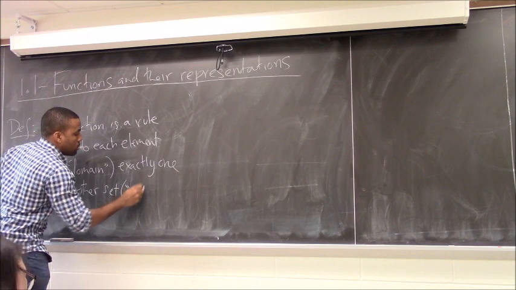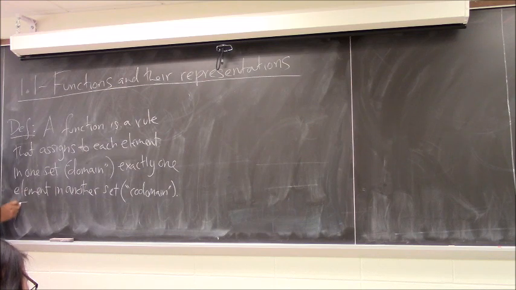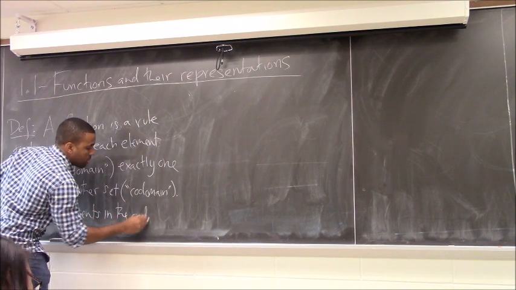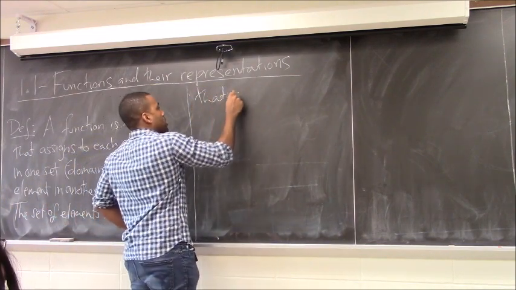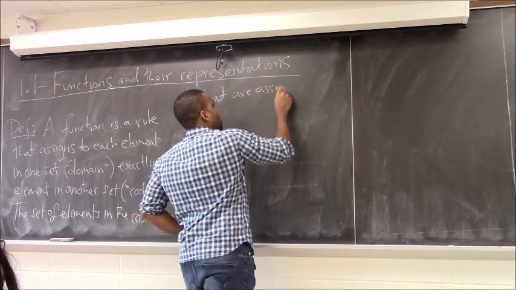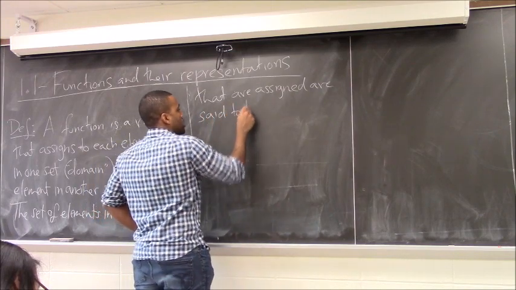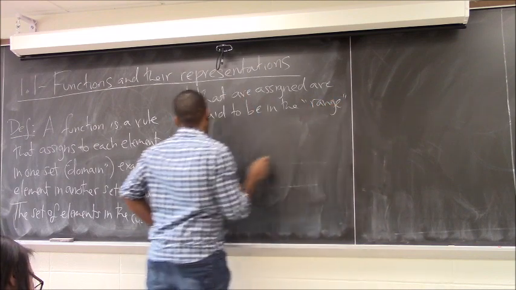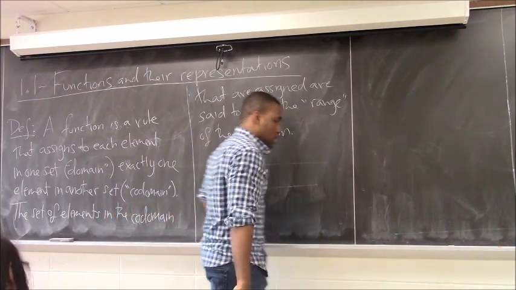That set we call the codomain. The set of elements in the codomain that are assigned are said to be in the range of the function. So that's what a function is.